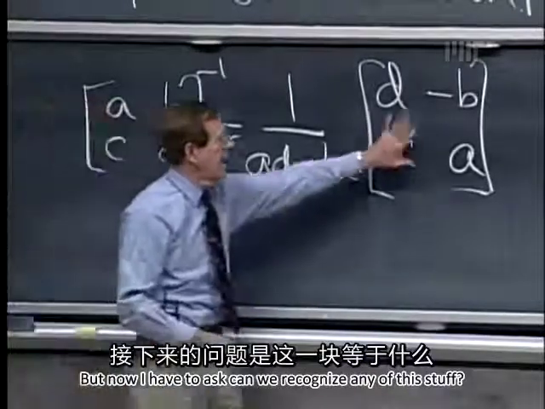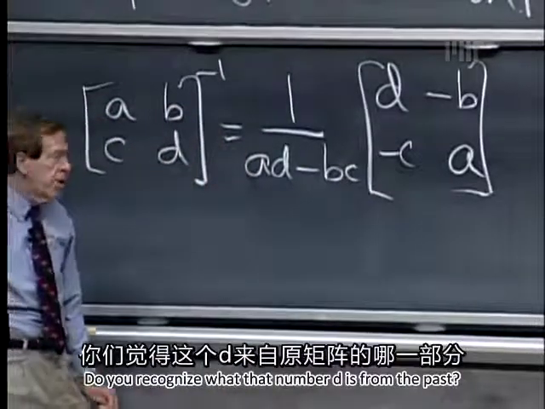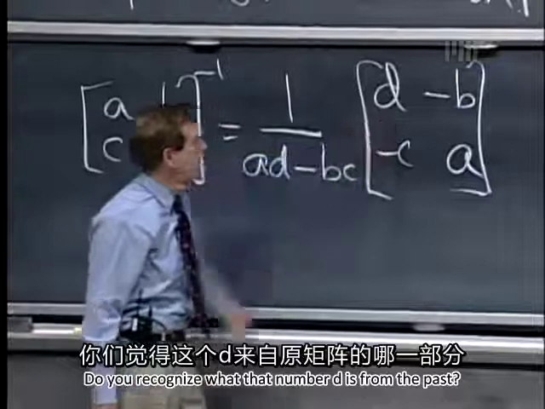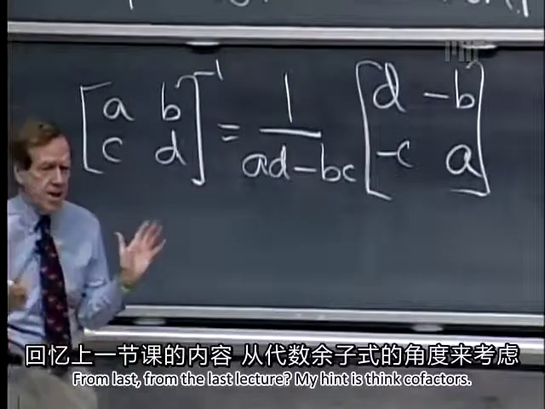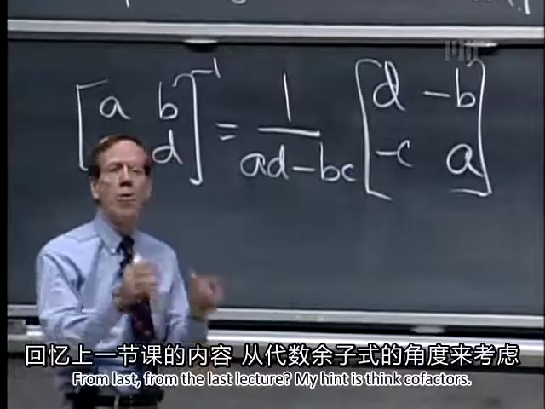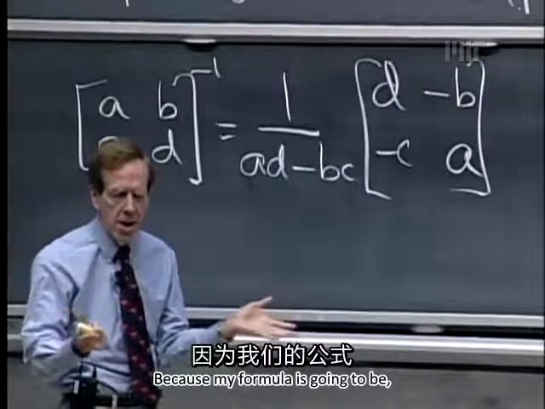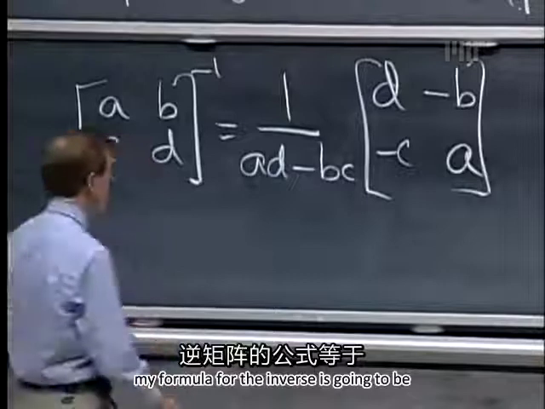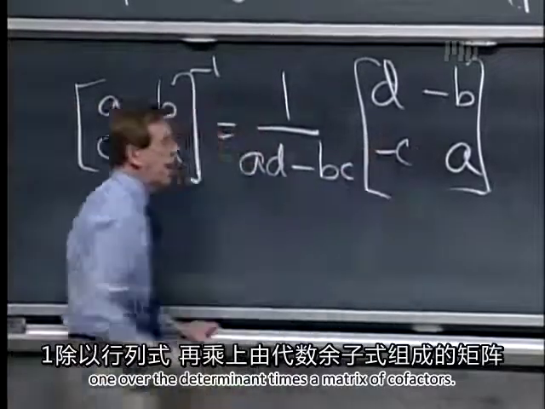But now I have to ask, can we recognize any of this stuff? Do you recognize what that number D is from the last lecture? My hint is think cofactors. Because my formula for the inverse is going to be 1 over the determinant times a matrix of cofactors.